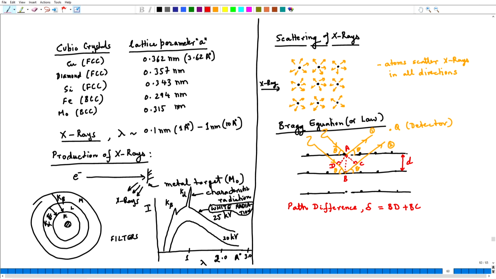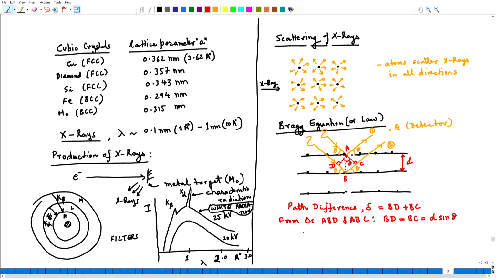Hence, very clearly from the triangles ABD and ABC, we can write that BD is equal to BC, and if you give a careful thought, these two angles would also be theta, and hence BD equals BC equals d sin theta.